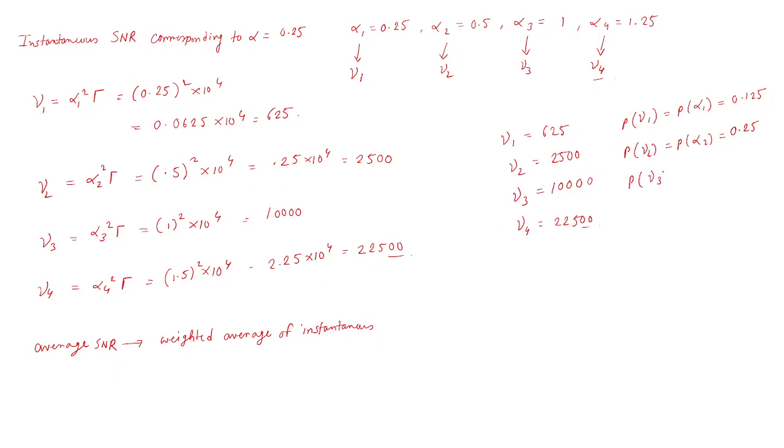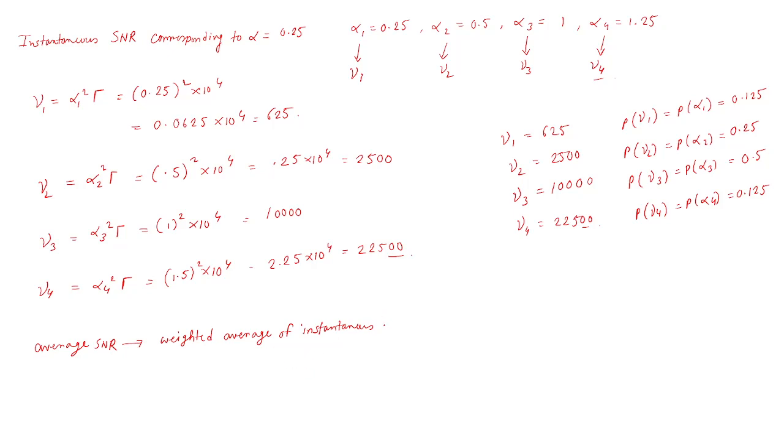Probability of gamma 3 is the same as probability of alpha 3, which is 0.5, and probability of gamma 4 is the same as probability of alpha 4, which is 0.125.